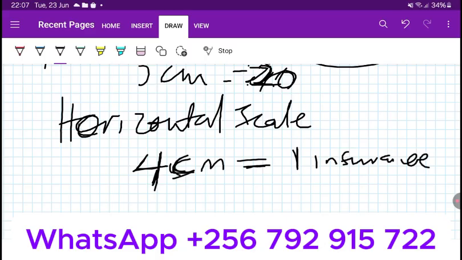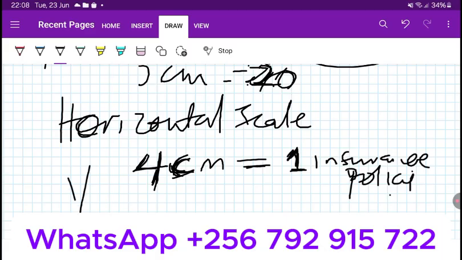If you say 4 centimeters to represent one insurance policy, the implication is that you will need five columns or bars, because you need the other one which has a space.